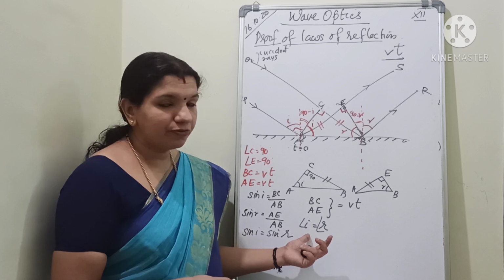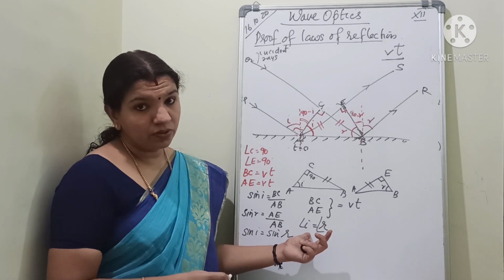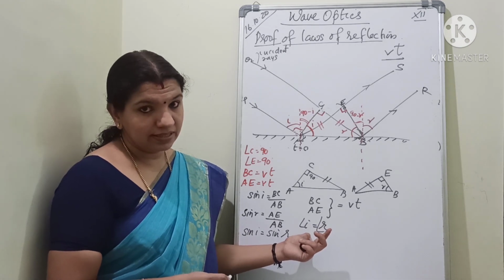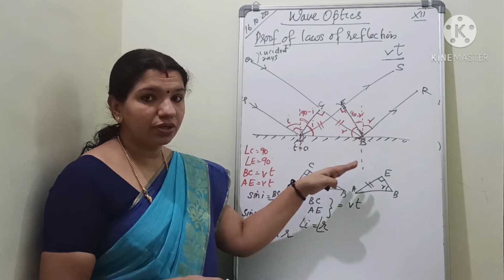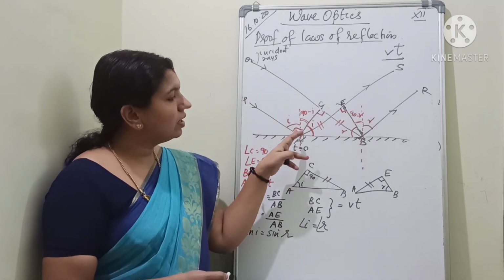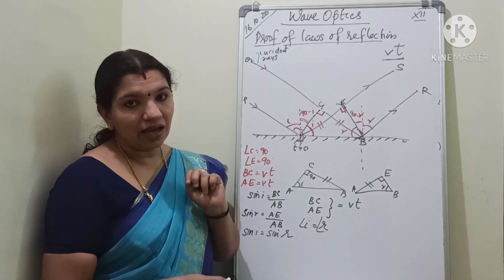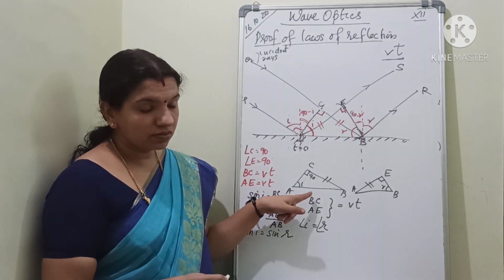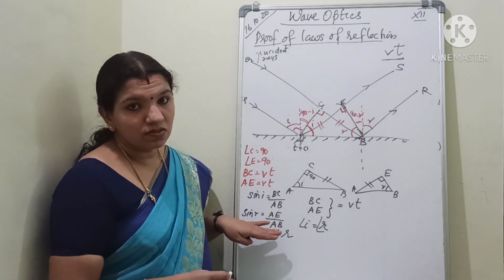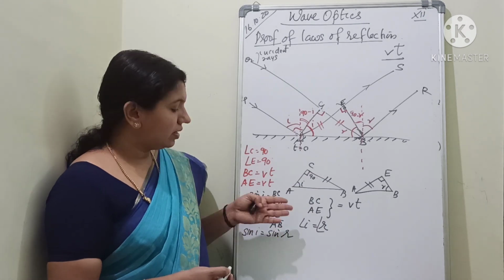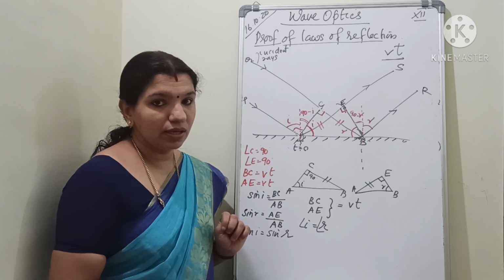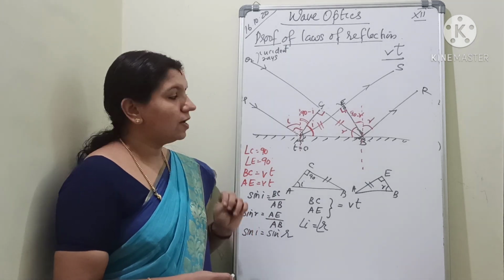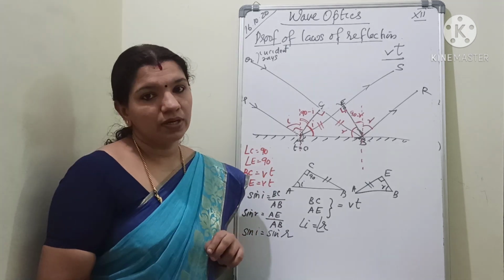So here is our first law of reflection. First, the construction you should be clear with, then the formation of angles. Then simply taking sin I and sin R and equating, you will get I equal to R. So this is the first law of reflection.